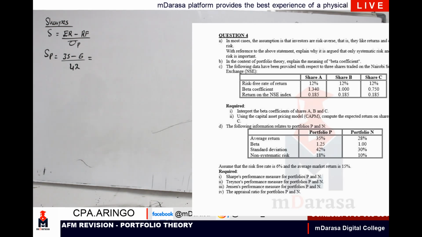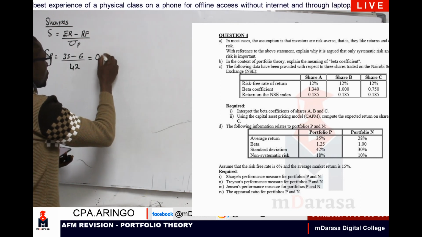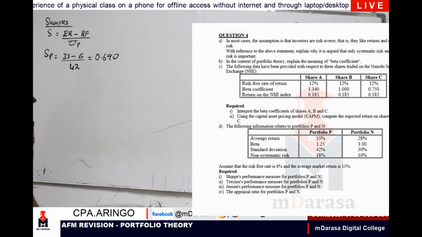Are you getting that value as Mwalimu? 0.690. That is what I'm getting. Kindly confirm.